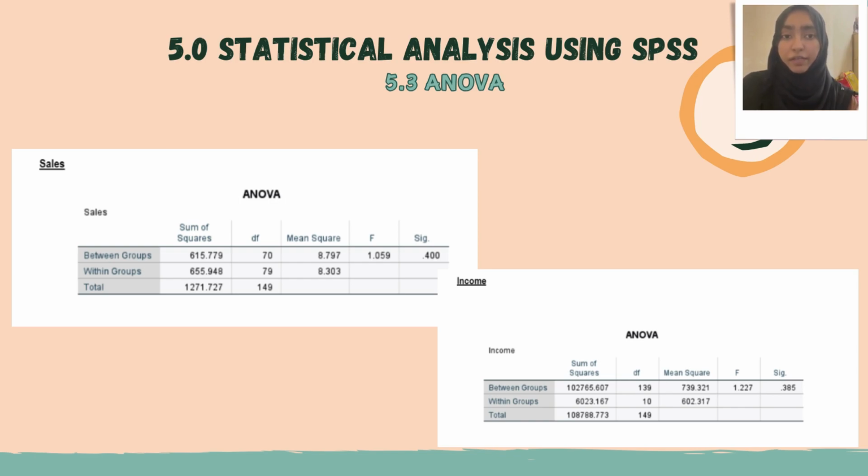Since 1.059 is lesser than F critical, we fail to reject H0. Therefore, there is no significant difference among the group means.